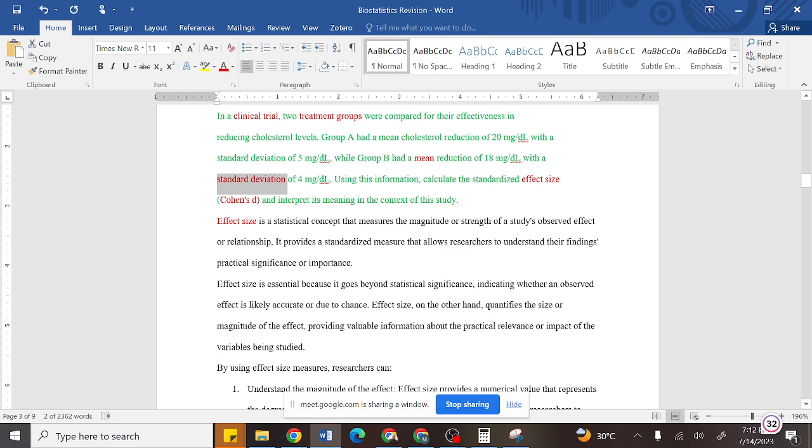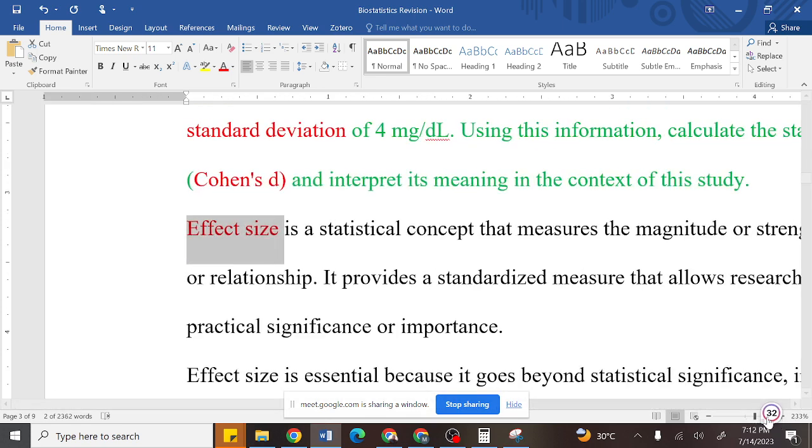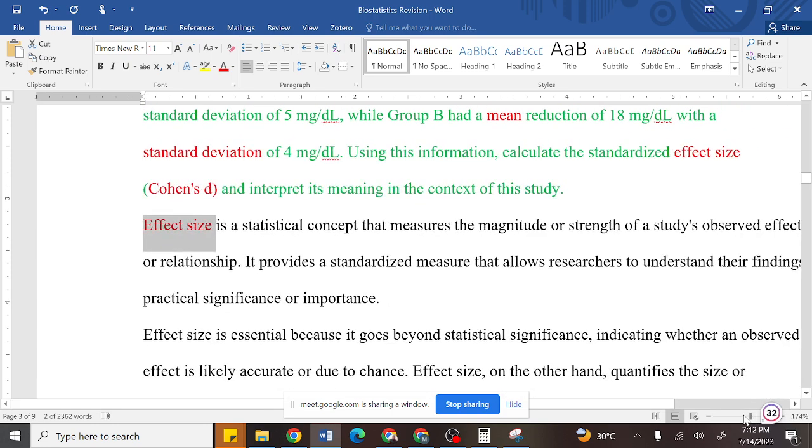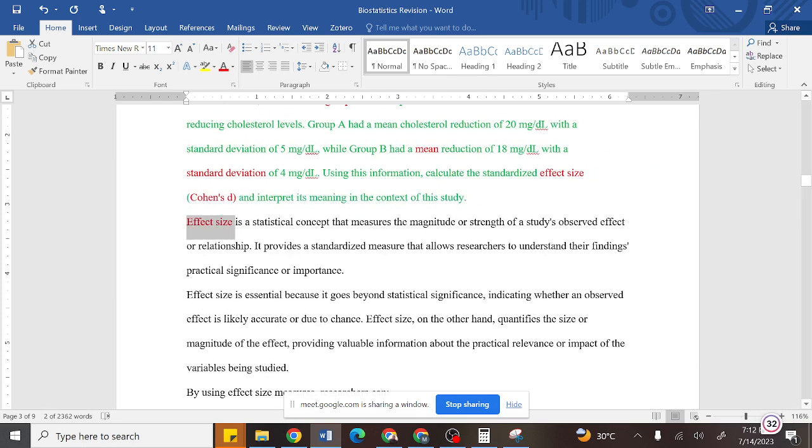So I started with effect size. Now, effect size is, for example, you want to see if a drug can produce the effect that you want. But that effect should be of a given magnitude for you to say that, okay, this drug has an effect. Let me repeat that. You give me a drug for reducing my body temperature. Okay?